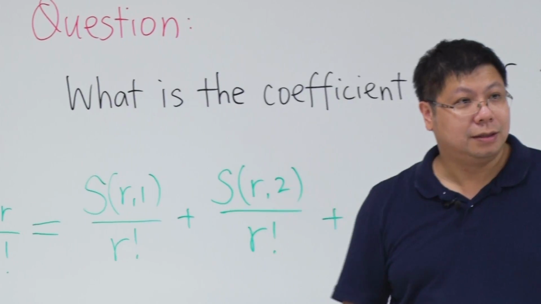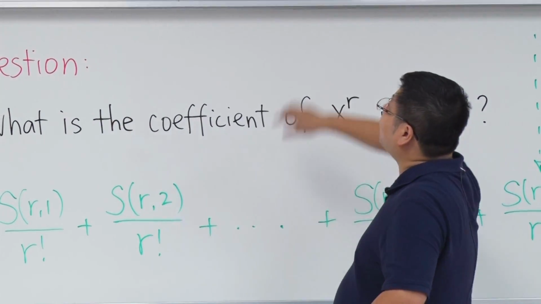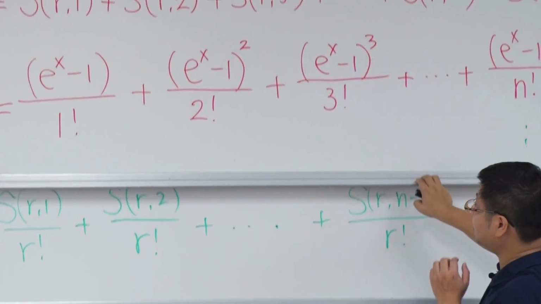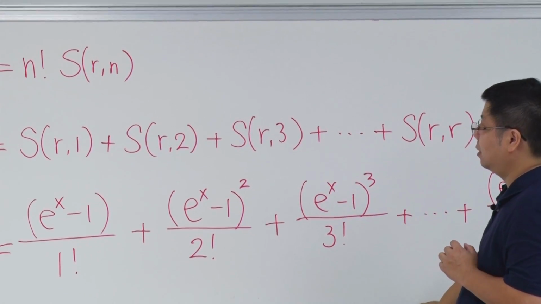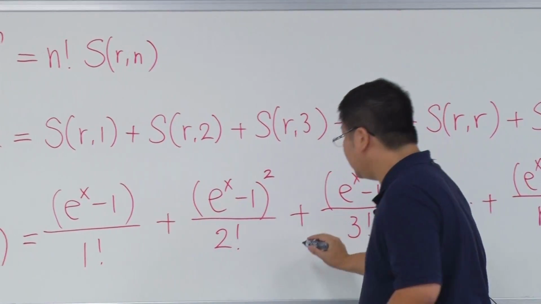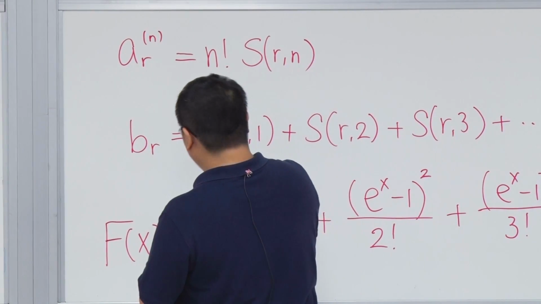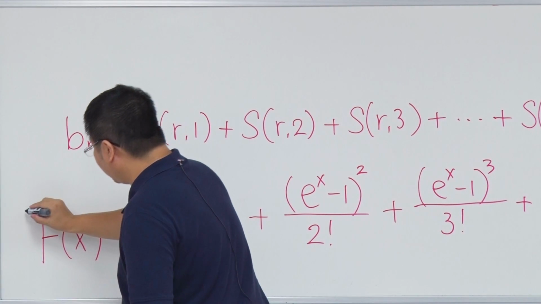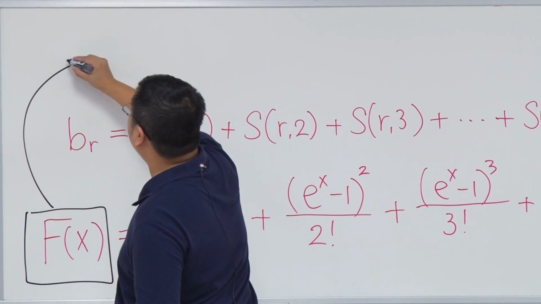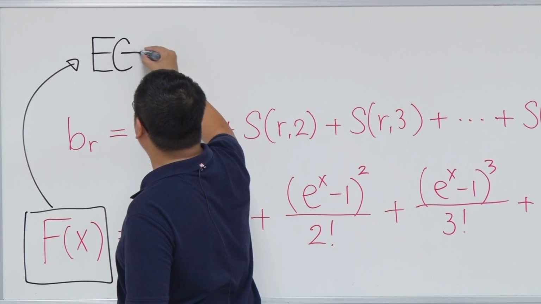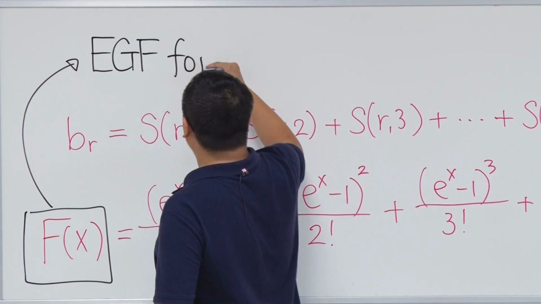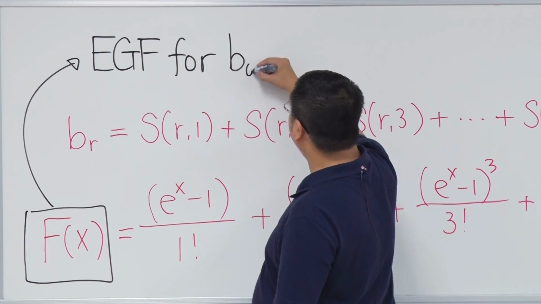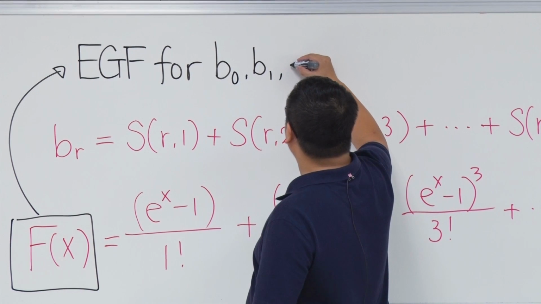So what does that mean? Now assume that this is Br over r factorial. Then this means that this whole f(x) is the EGF for B0, B1, B2.